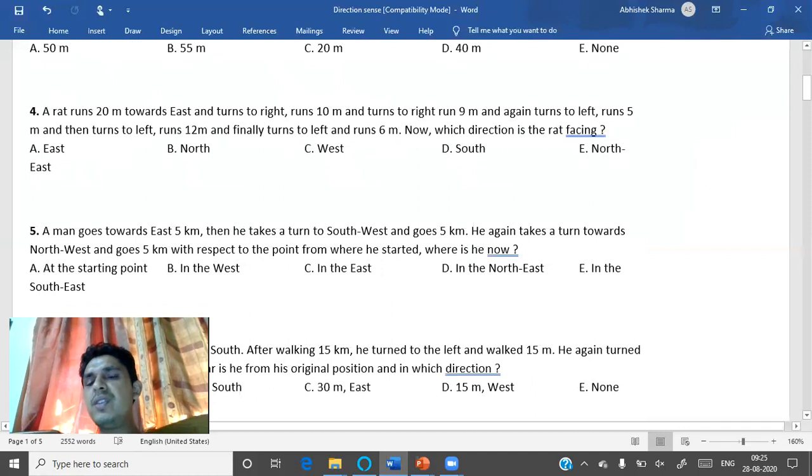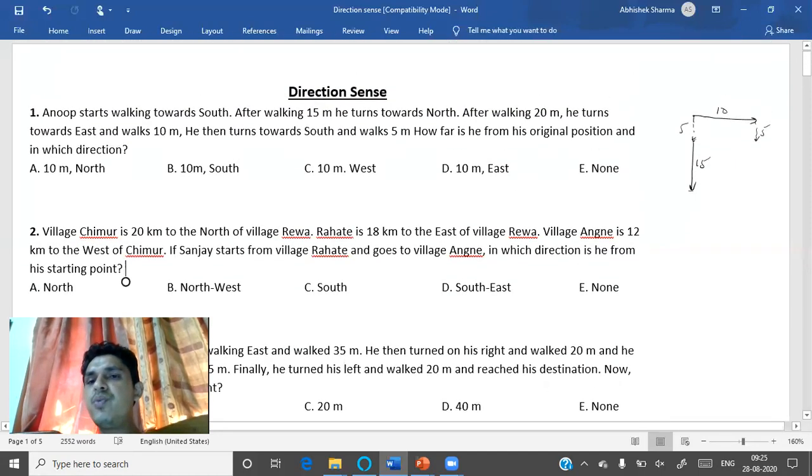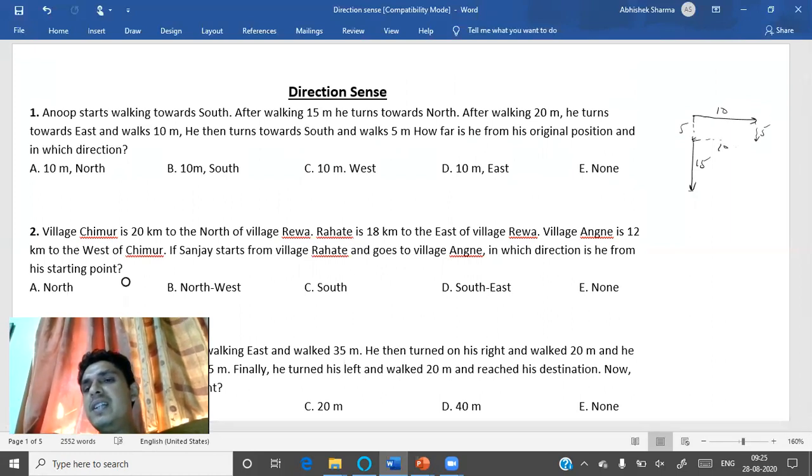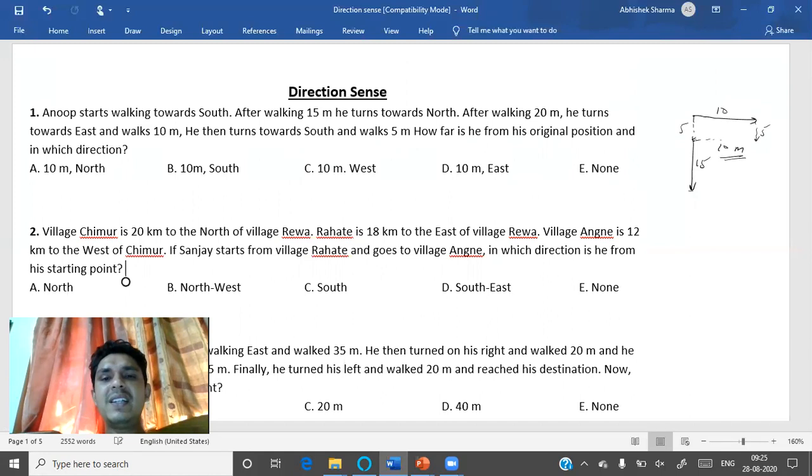The distance from the original position to the point where he has reached is very simple. This will be 10 meter. The question is asking how far is he from his original position and in which direction, so this will be 10 meter toward east. So the answer will be D, right?